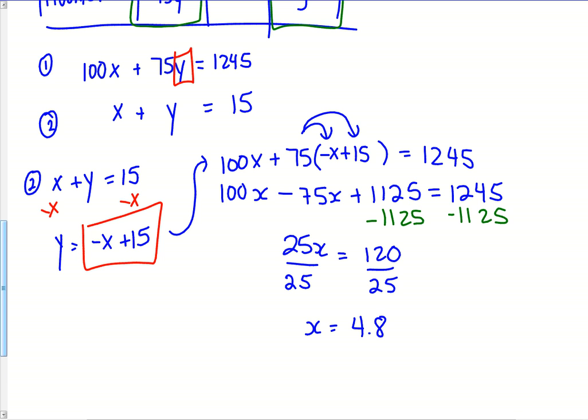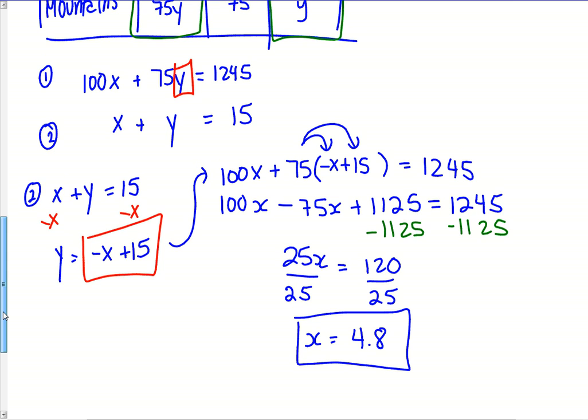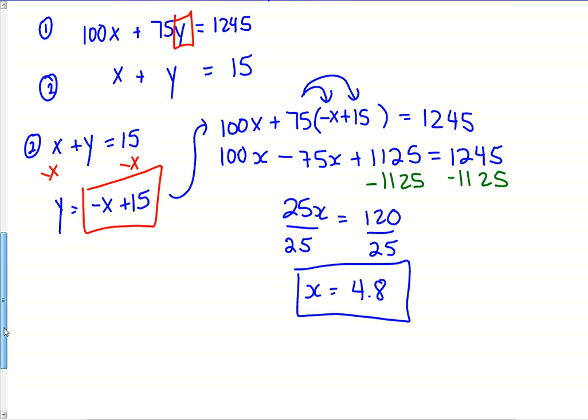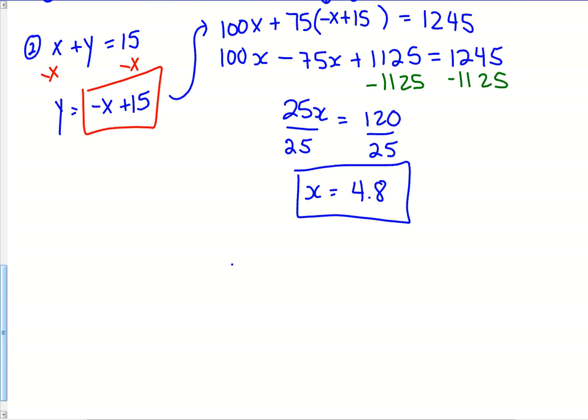So x equals 4.8. And then finding y? Let's do equation 2. X is 4.8, so 4.8 plus y equals 15. So what is y equal to? 10.2.